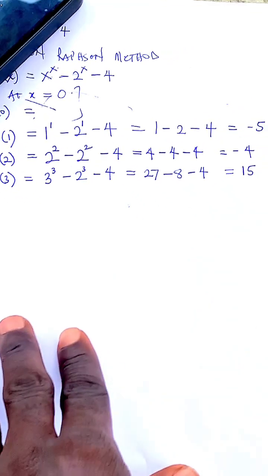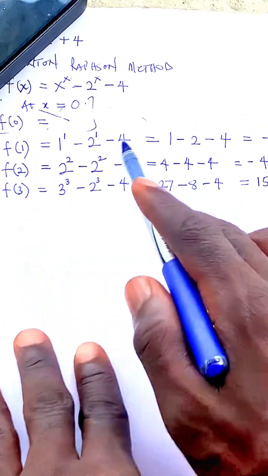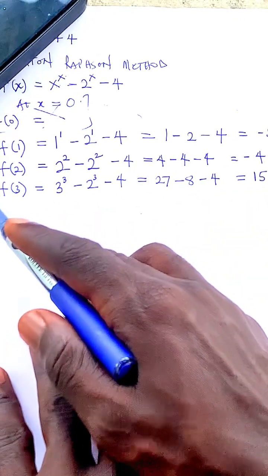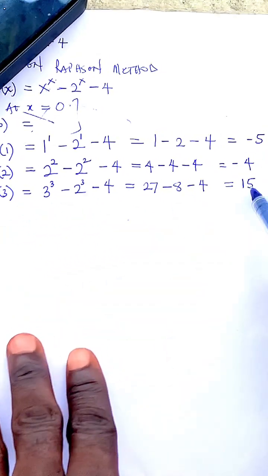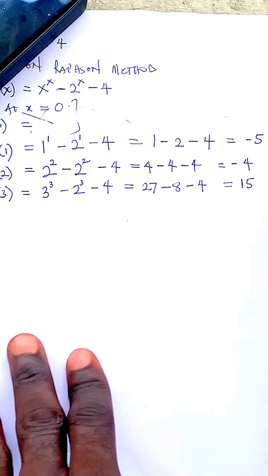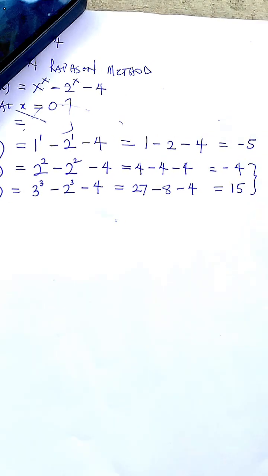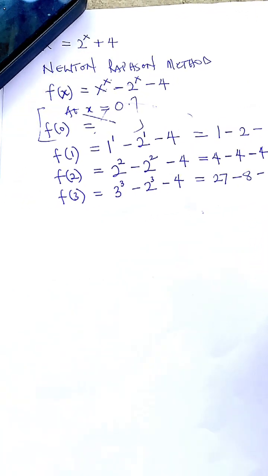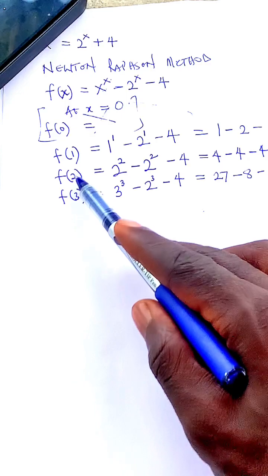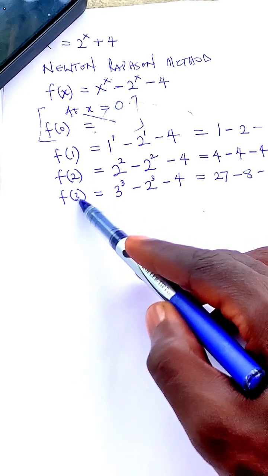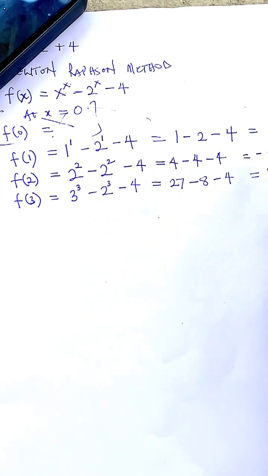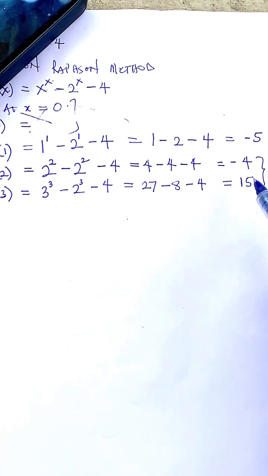Now you can see that this one is minus 4, this one is plus 15. That is, there is a change of sign here. You start to work anytime there is a change of sign. It means that the root, the answer, is between 2 and 3. Because for you to shift from negative to positive, you must reach 0 first.